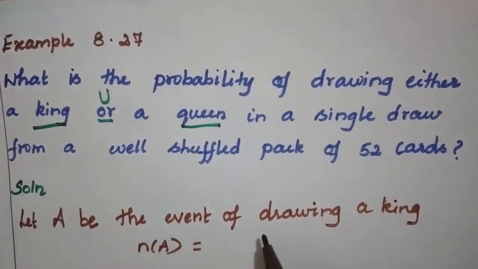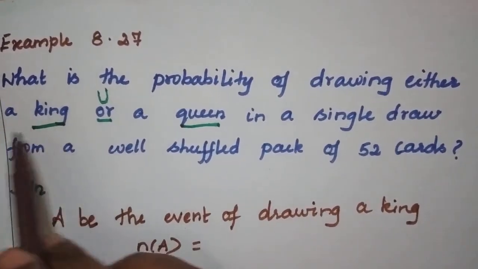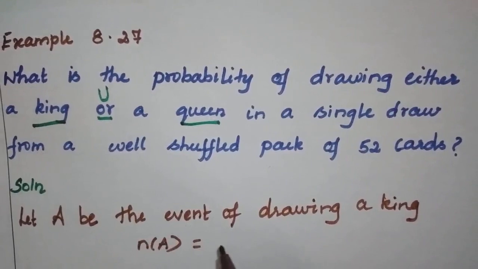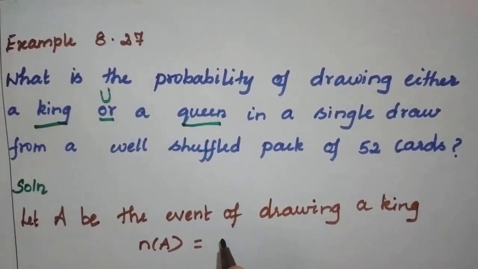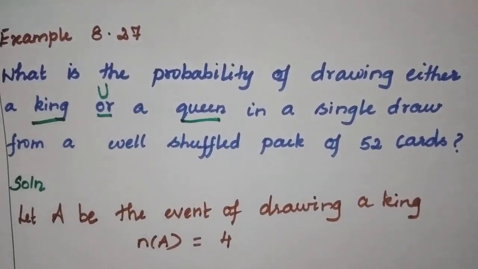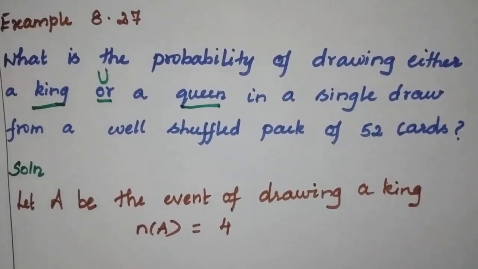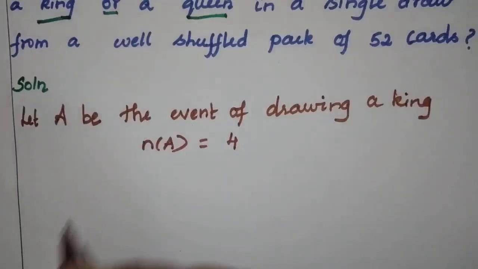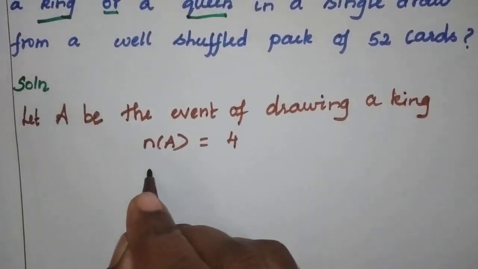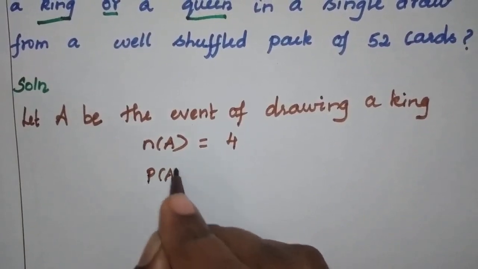Let A be the event of drawing a king. So N of A is equal to 4, because there are 4 kings in a pack of 52 cards. What's the formula to find P of A?